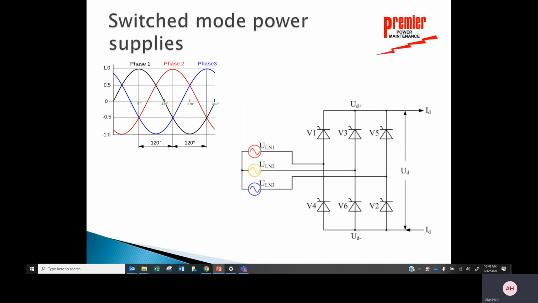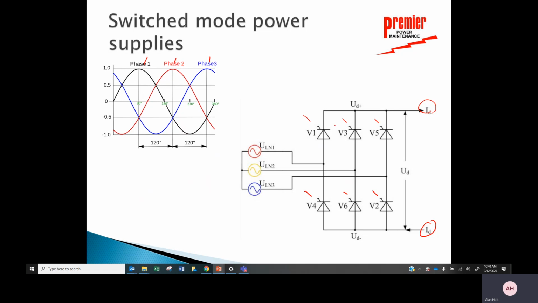So if I looked at switched mode power supplies, okay, so basically I've got phase one, phase two, phase three, A, B, C. I can see that I want a DC output. I've got all these silicon controlled rectifiers right here, SCRs, that I'm switching on.